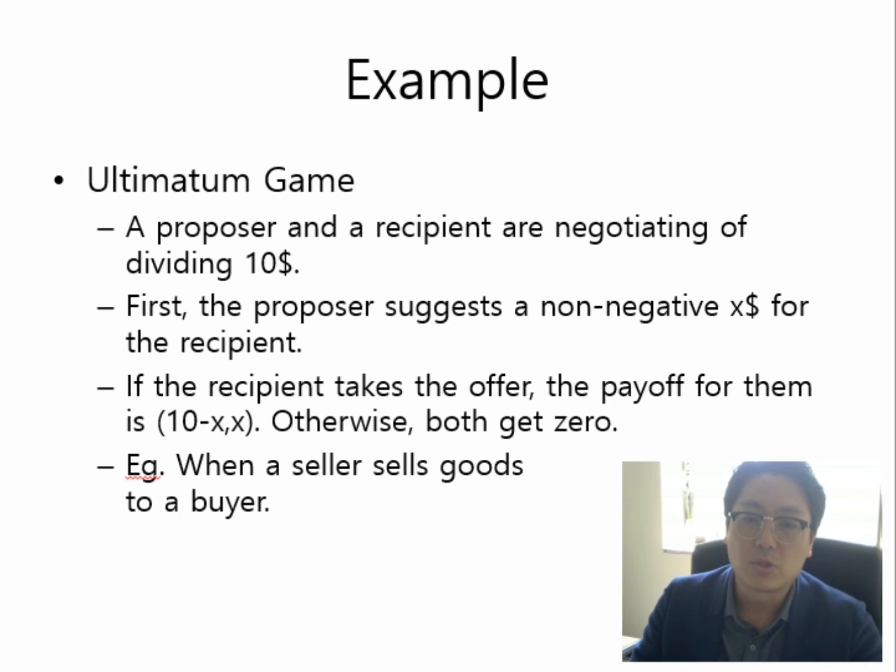First, the proposer suggests giving X dollars to the recipient. Maybe the recipient can accept that offer, and they will divide the 10 bucks: 10 minus X dollars for the proposer, X for the recipient. Maybe the recipient can reject that offer, then they get $0.